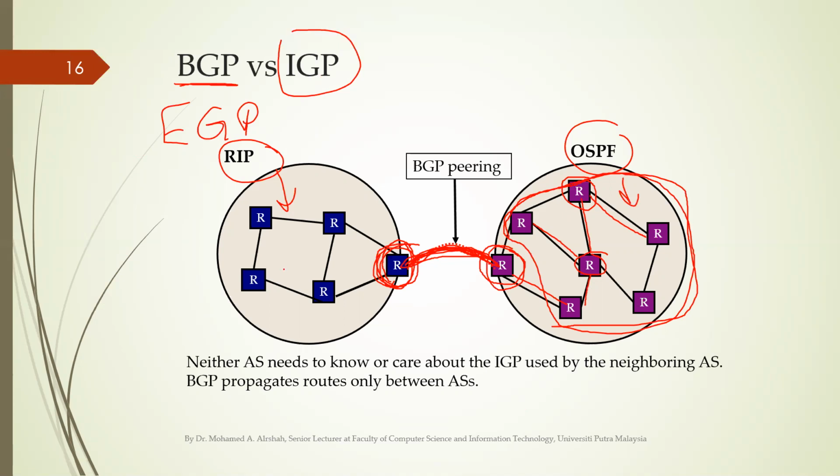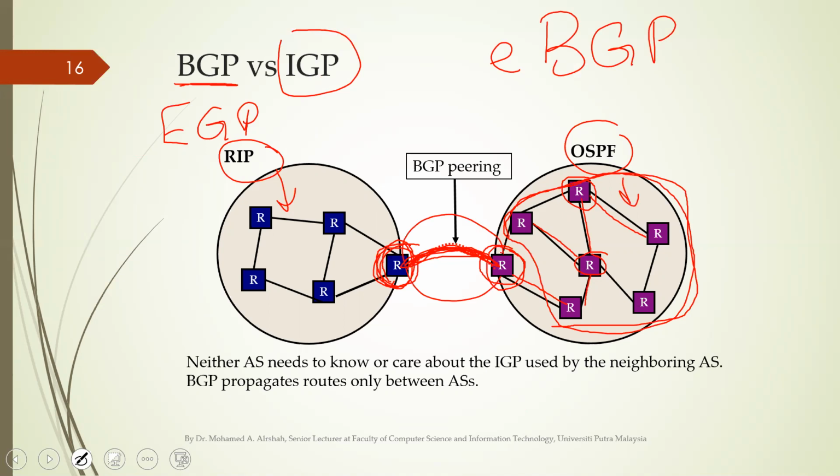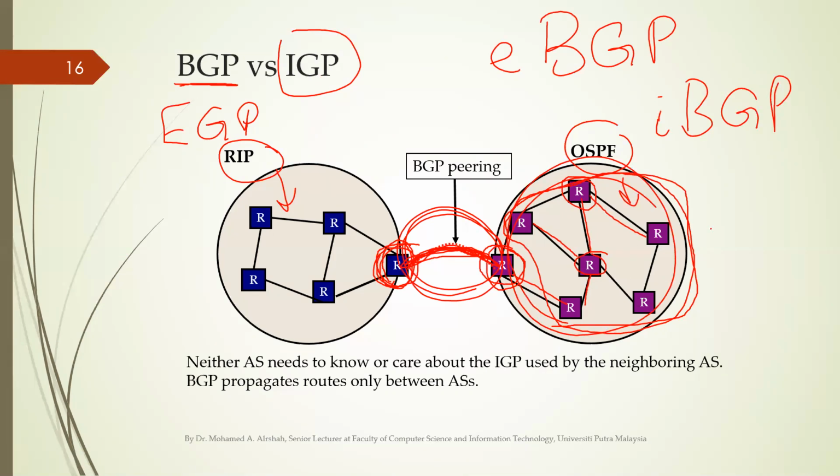But in that case, we have two concepts. We have something called eBGP, which is used for outside, for external. And also we have iBGP, which can be used inside the same autonomous system.